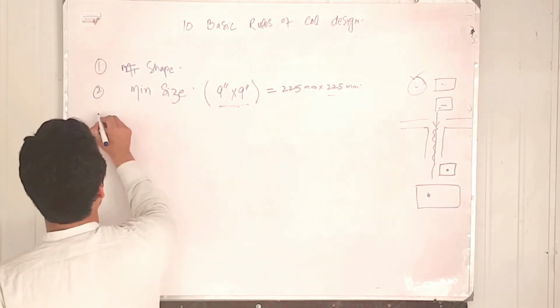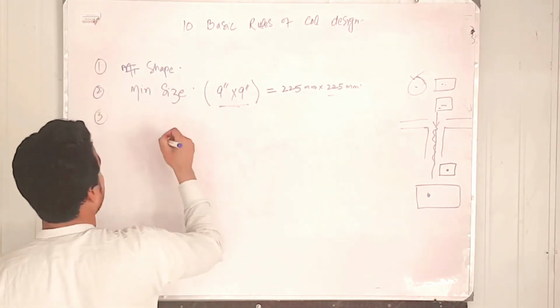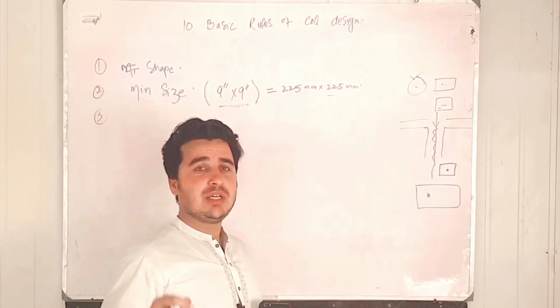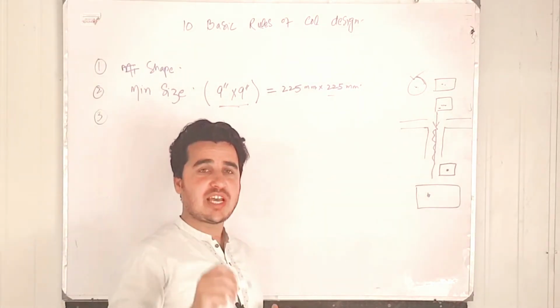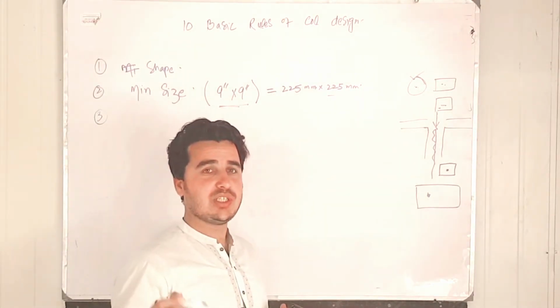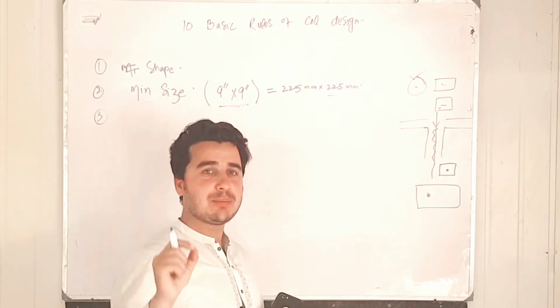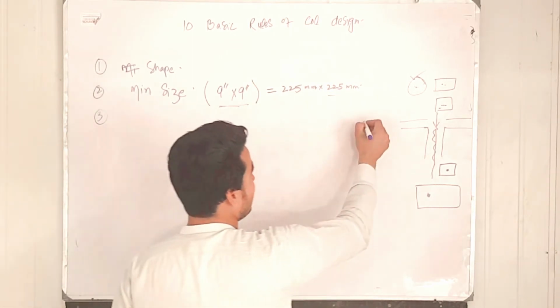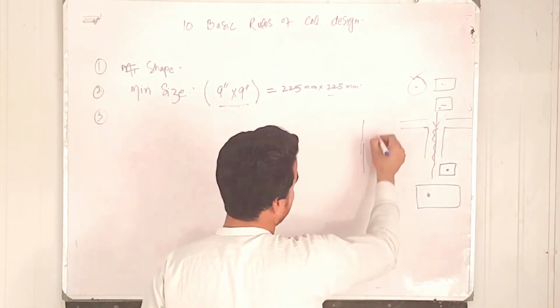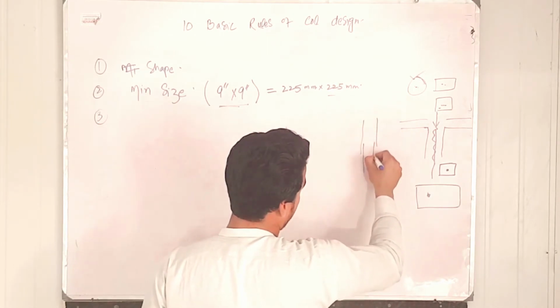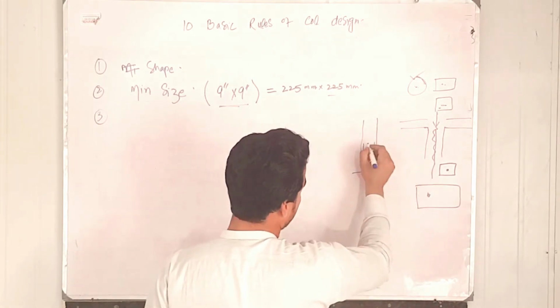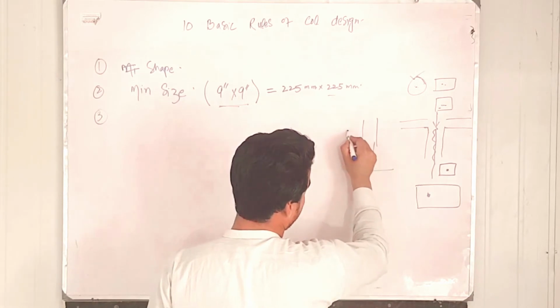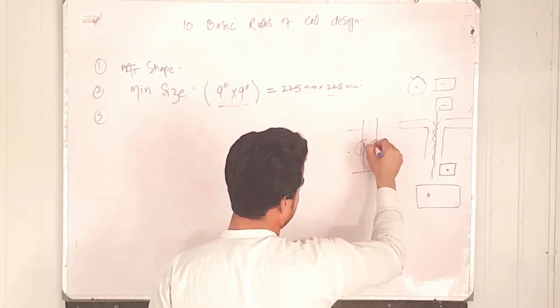The rule number third is, if your column is going to be designed for more than one story, then we will be needing the lap zone. Lapping is actually connecting two columns. Like if one column is coming from the bottom floor and another column is going to be built at another floor, then you will be needing this lap.